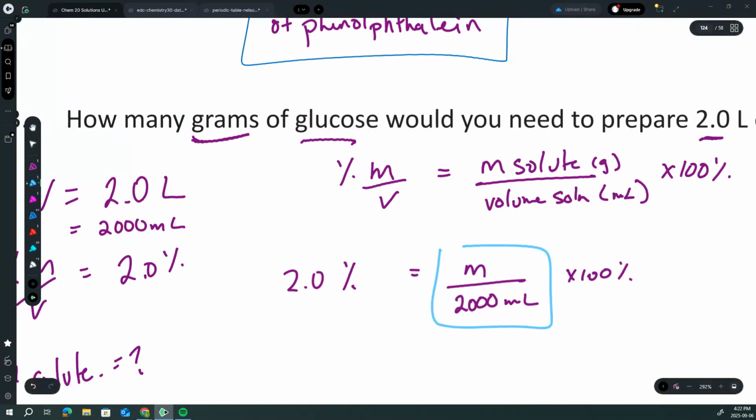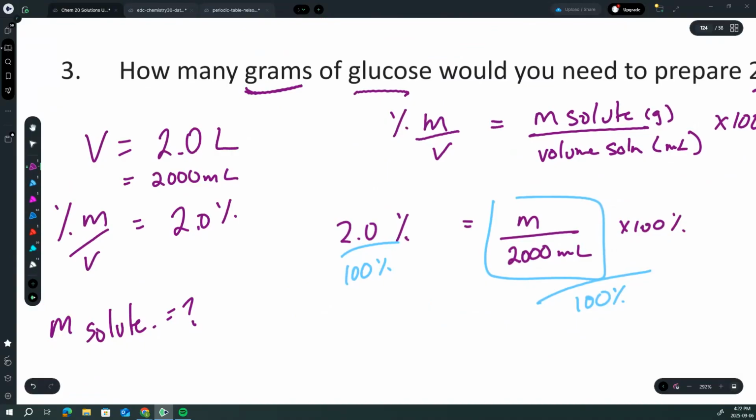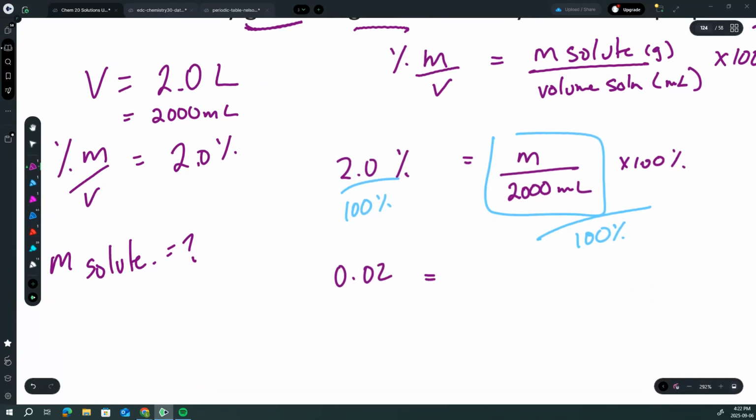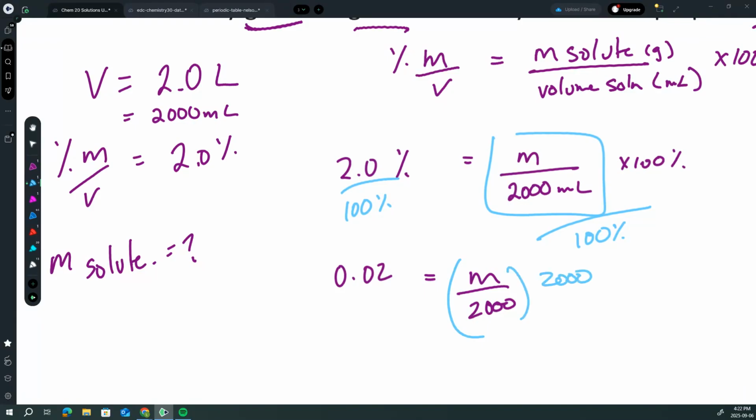Again, I just like to isolate the fraction first by dividing by 100%. Then this is going to give us 0.02, equal to mass divided by 2,000. Times both sides by 2,000, since 2,000 is dividing into the mass.